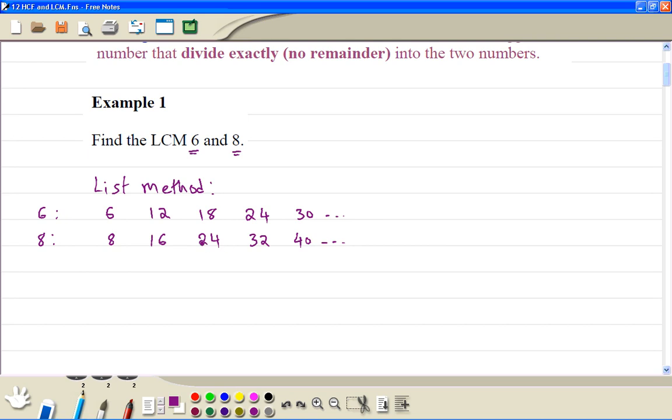We can see in the list there is a number common, so the 24 is the lowest common multiple of 6 and 8. So therefore the LCM of 6 and 8 is 24.